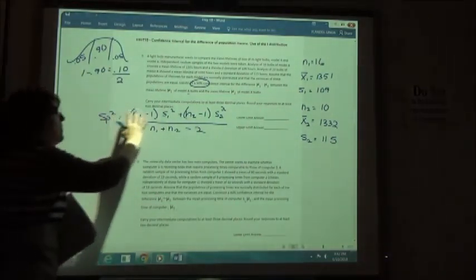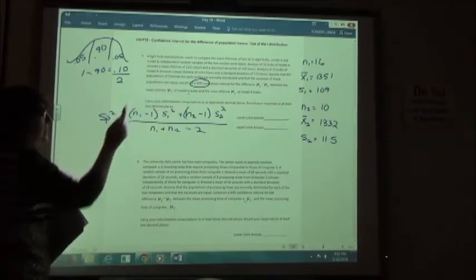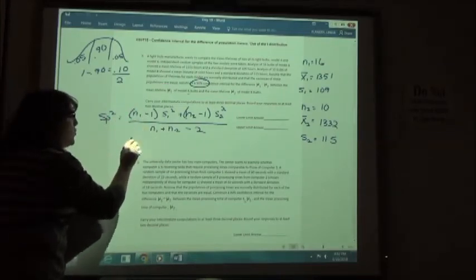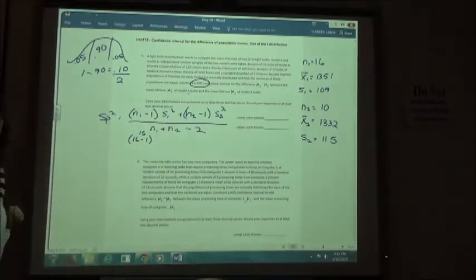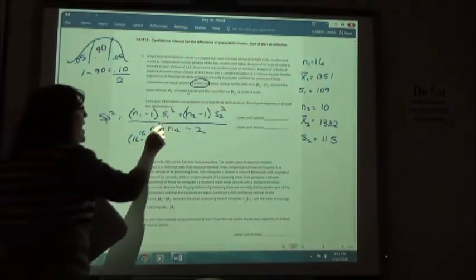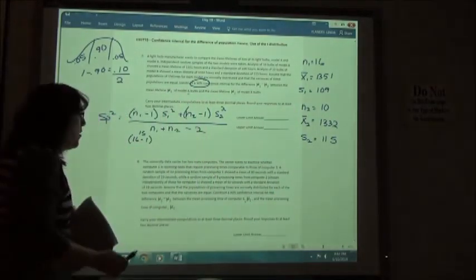So in the first part of my formula here, n1 is 16, so I'm going to do 16 minus 1, or just 15 if it's easier to type it in that way, times my standard deviation squared.